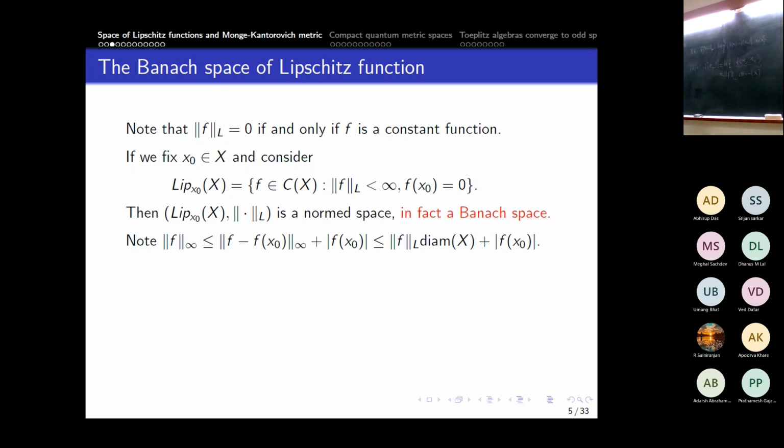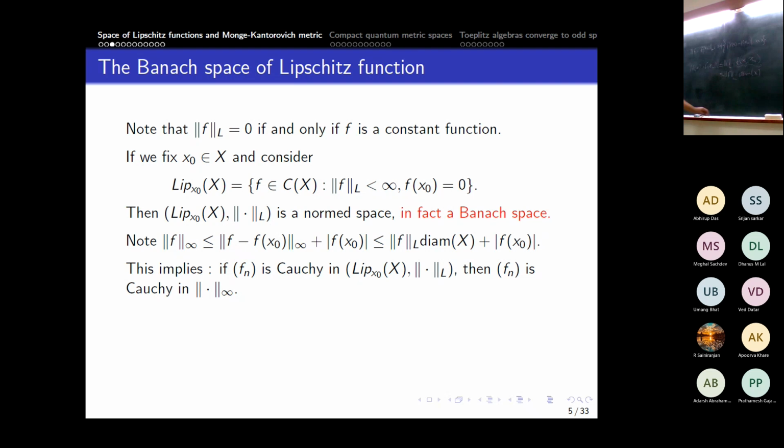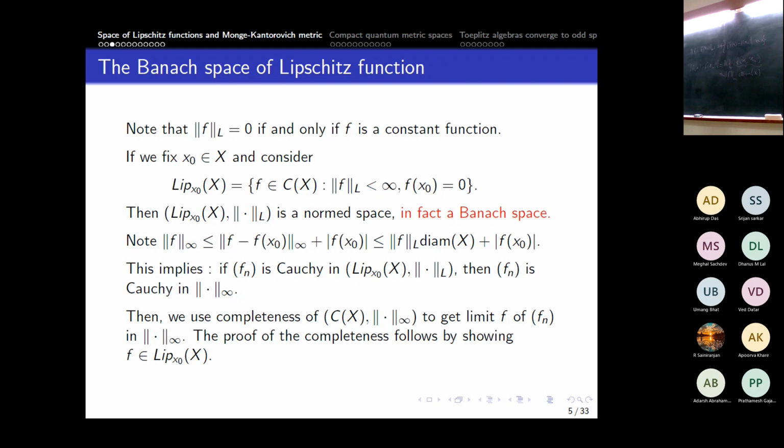Now this implies that if we have a Cauchy sequence in Lip(X, x naught) with this Lip norm, the sequence is also Cauchy in our infinity norm. This gives us a candidate, because we know that the space of continuous functions with the infinity norm is a complete metric space. Using the completeness, we'll get a limit in C(X), and the proof will be complete if we prove it's a Lipschitz function.